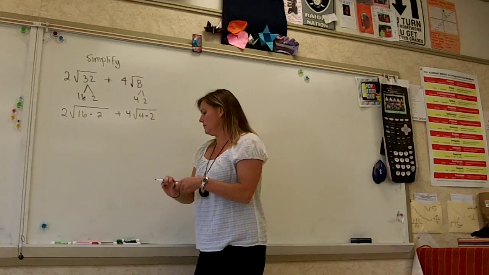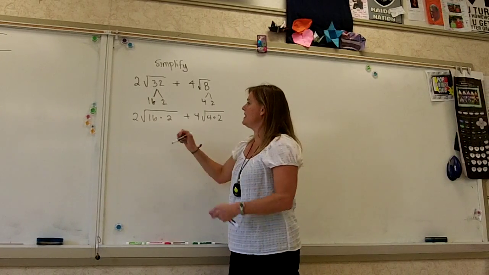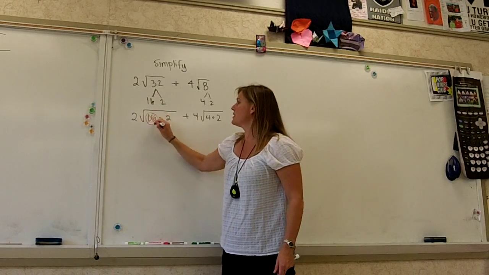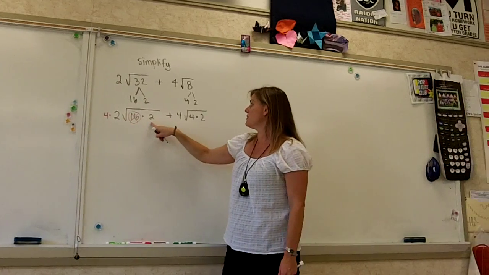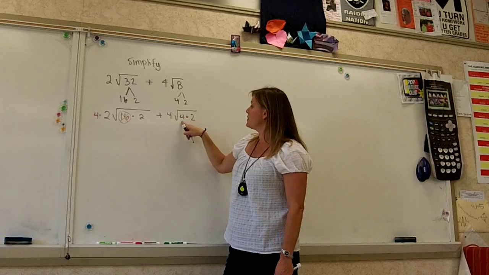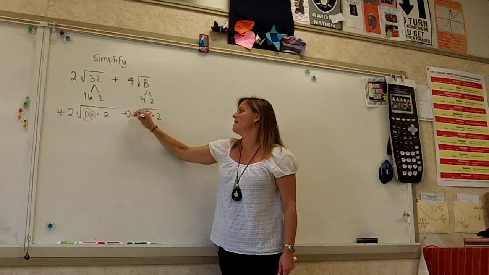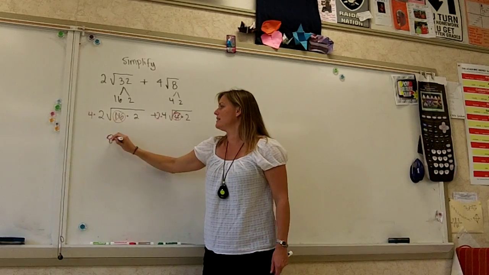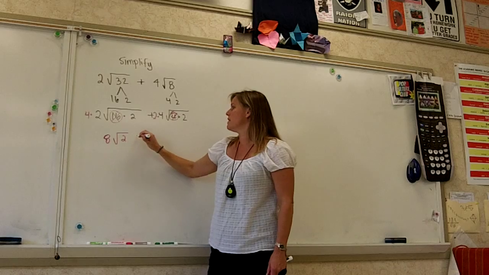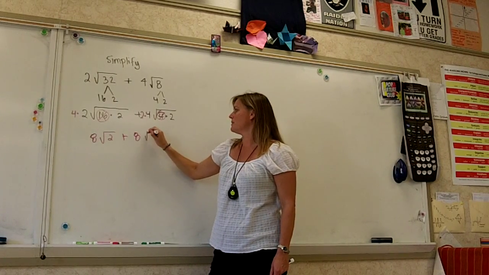And then I know that the square root of 16 is equal to 4, so I'm going to take that out and multiply the number on the outside. The 2 is going to stay on the inside. And the square root of 4 is 2, so I'm going to take that out and multiply again. So 4 times 2 is 8 root 2, plus 2 times 4 is another 8 root 2.